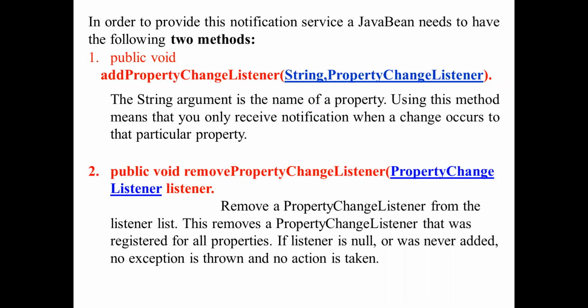In that case, we use the method removePropertyChangeListener. So these are the two methods of notification: addPropertyChangeListener and removePropertyChangeListener. These are the two methods to notify the service of a Java Bean.